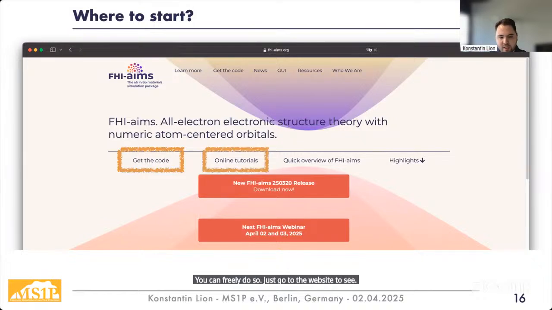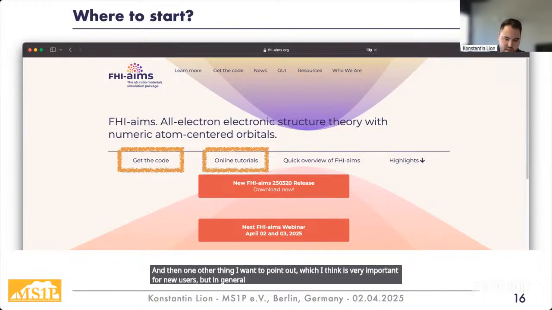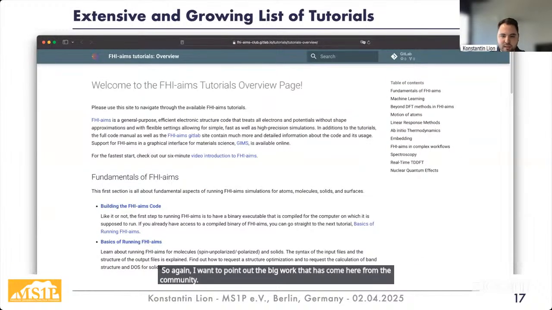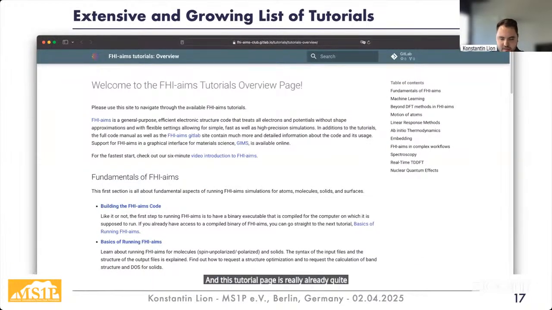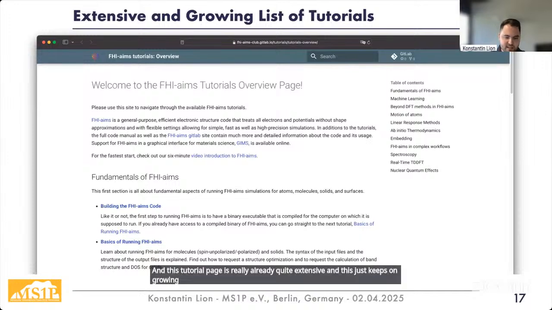And then one other thing I want to point out, which I think is very important for new users, but in general also to showcase research, are the online tutorials which we have. A lot of them have been contributed by external people. So again, I want to point out the big work that has come from the community. This tutorials page is already quite extensive and it just keeps on growing, and we're really happy that it does.